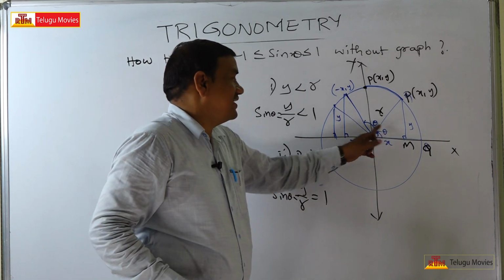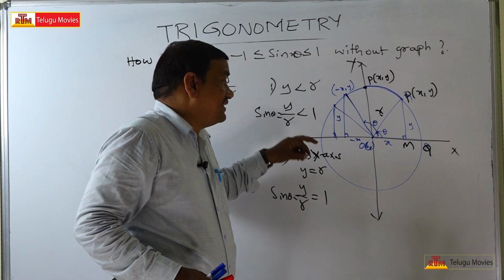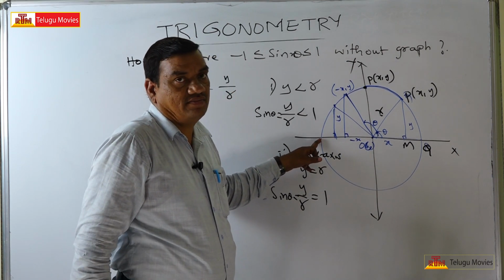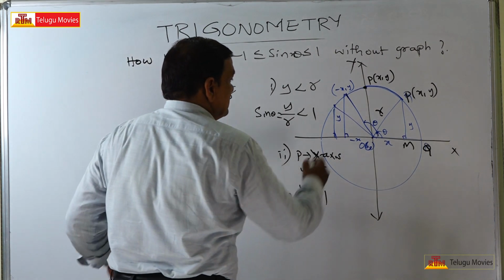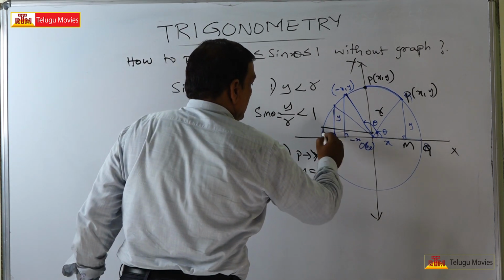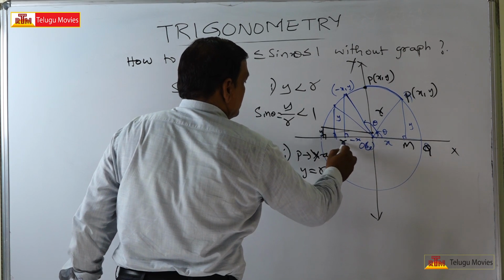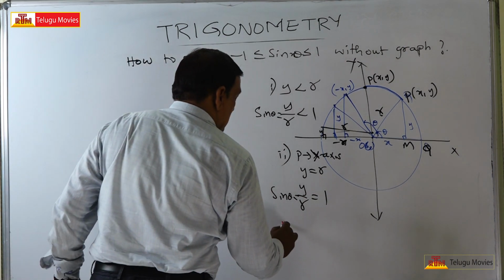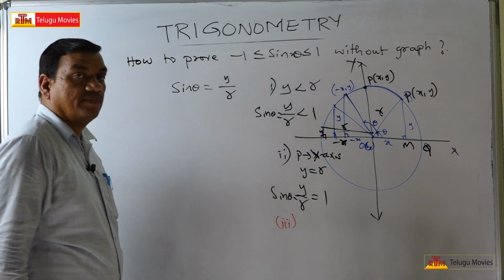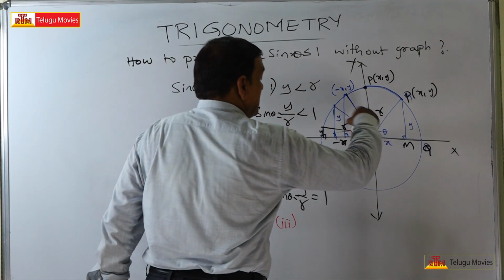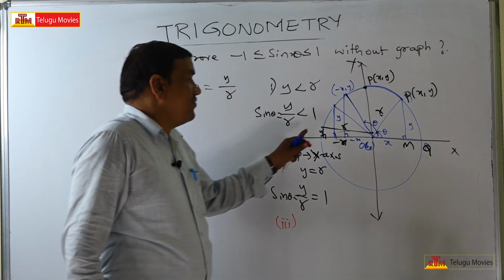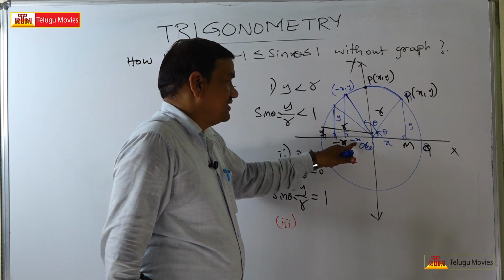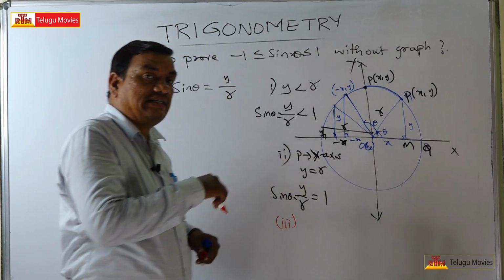As theta increases, the y value goes on decreasing, and somewhere it is equal to minus 1. So this is the y value, this is the minus x value, this is the r value. Understand? So what is the third point? What you have to observe: as theta increases, the y value goes on decreasing. This is the opposite side, and this is the adjacent side. The y value goes on decreasing.